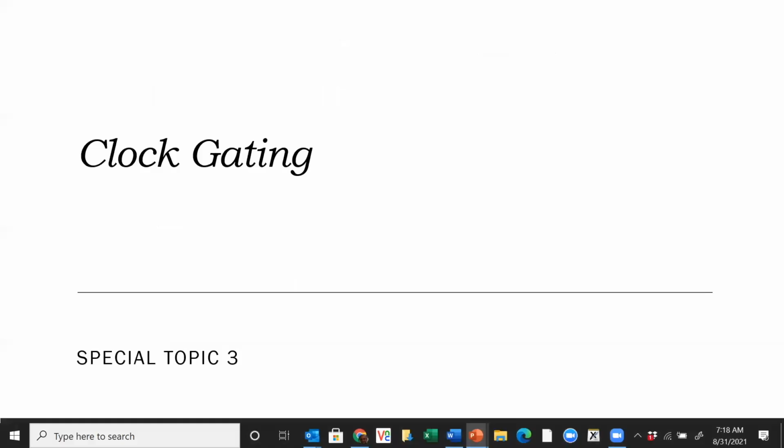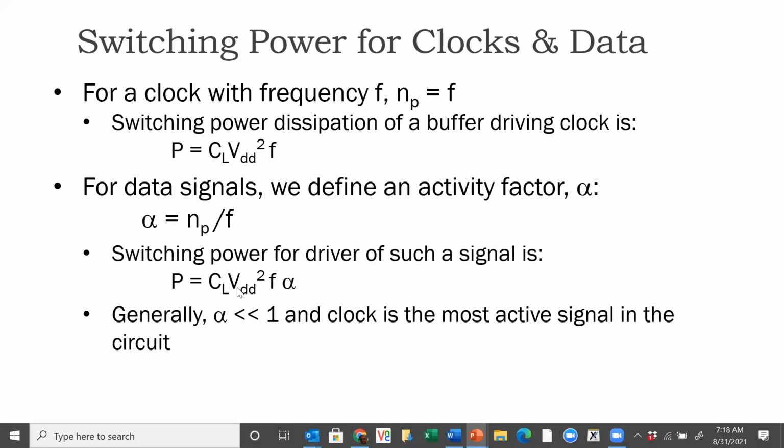With that background, we can look at what other techniques we can use for reducing power. Power depends on C VDD squared f alpha. To reduce power consumption of a chip, we can try to reduce all of these factors. We can try to reduce the load capacitance that cells drive. If we know that some logic is very active, with a lot of pulses, we can try to reduce the wire capacitance for that logic.